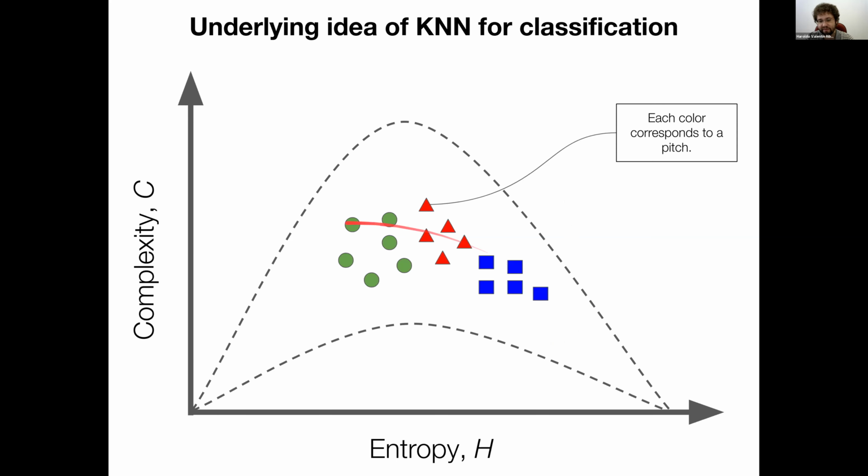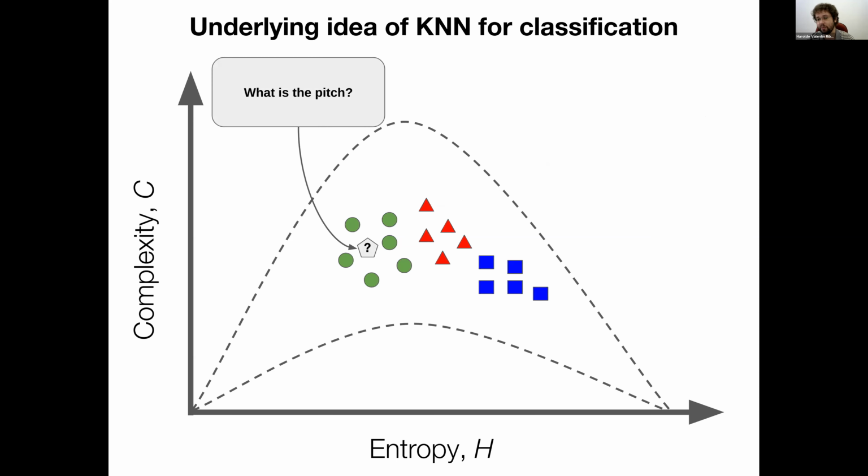So suppose we have now this training set. Each color of this point represents a pitch associated with an image. And then this is our training set. So we remember these points and we generate a new instance with a given pitch, and we estimate the values of entropy and complexity. And so this new texture will be mapped into a position in the complexity-entropy plane again.